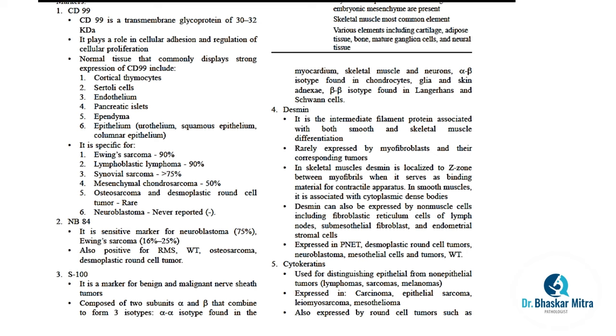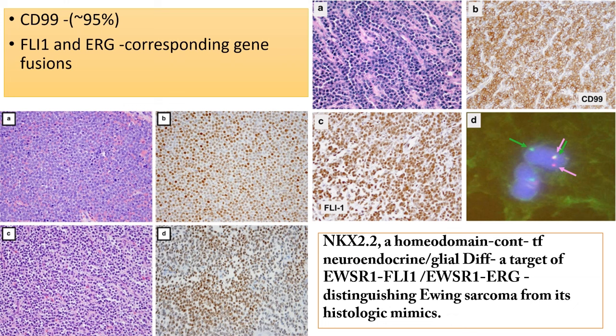There are other markers like S100 and NB84 which also come positive in Ewing sarcoma. Next comes the most important, commonly used marker nowadays, NKX2.2. It is a homeodomain containing transcription factor having neuroendocrine and glial differentiation.